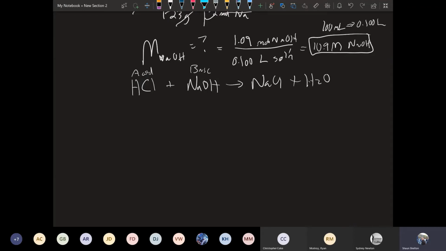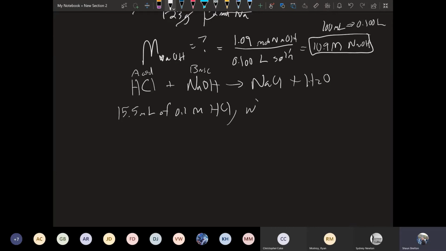And so now in this example, let's say we take 15.5 milliliters of a 0.1 molar HCl solution. So we have that volume with that molarity of HCl.